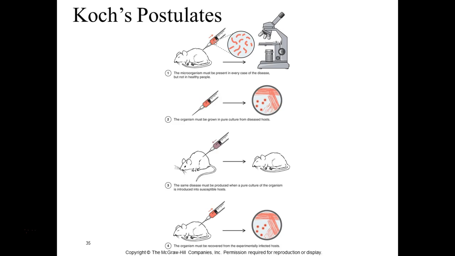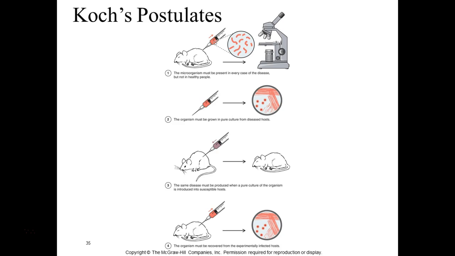So even this one criteria, the first one, can sometimes be a problem for scientists. Not everybody gets sick from it. But each one of the ones that are sick need to have that microbe. And it needs to be the same microbe for us to say that this microbe causes this disease.